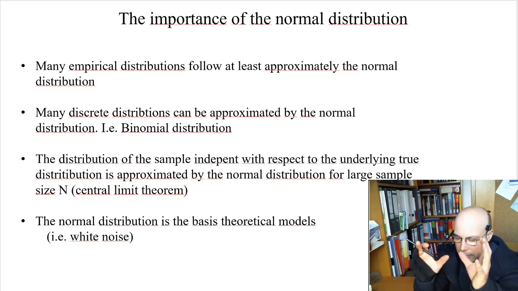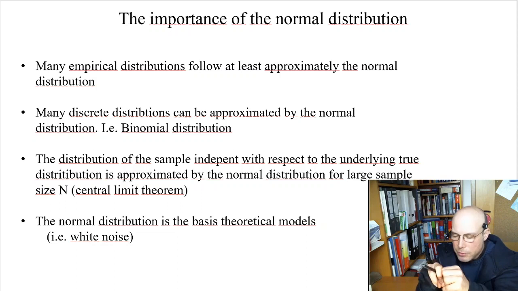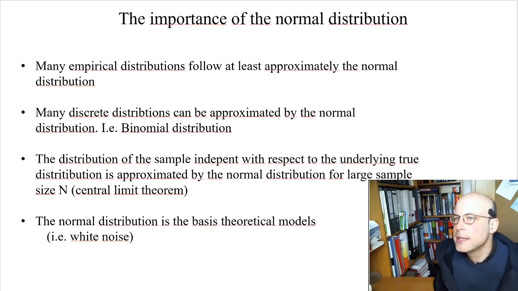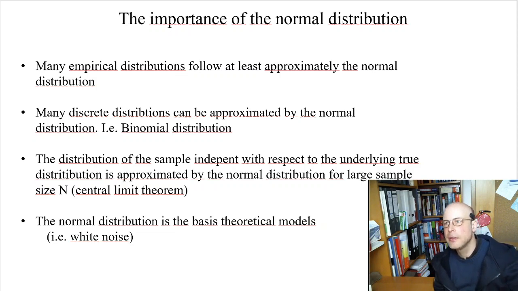If we don't know the distribution, then we very often guess that our random variable is normally distributed, and then when we make our experiments, we quite often find that these distributions really follow at least approximately a normal distribution.